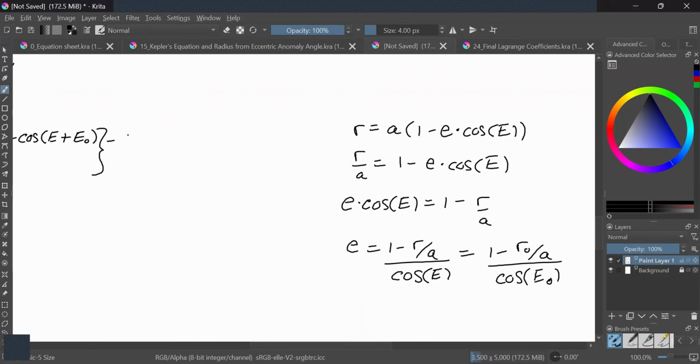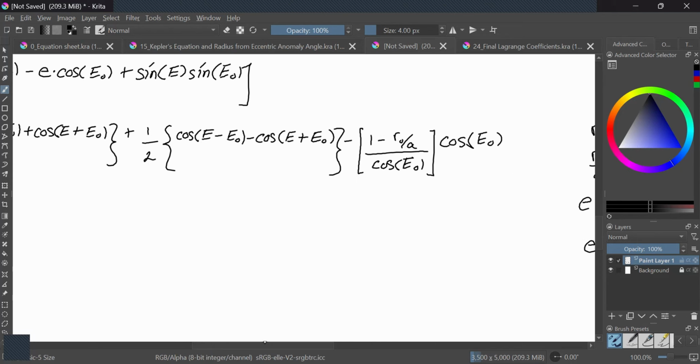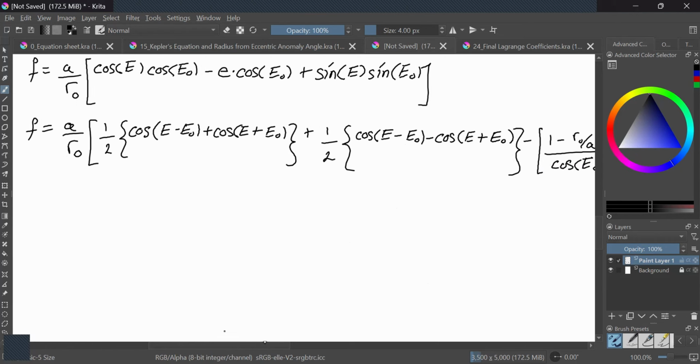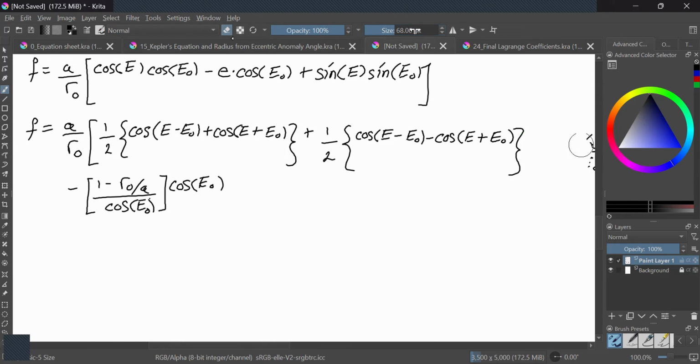So we have 1 minus r naught over a, divided by the cosine of E naught, times the cosine of E naught. Is my handwriting too big? My handwriting was too big. I'll rewrite it down here.